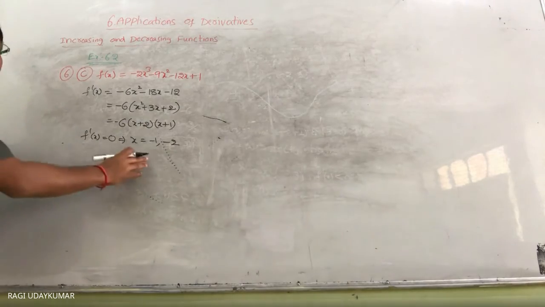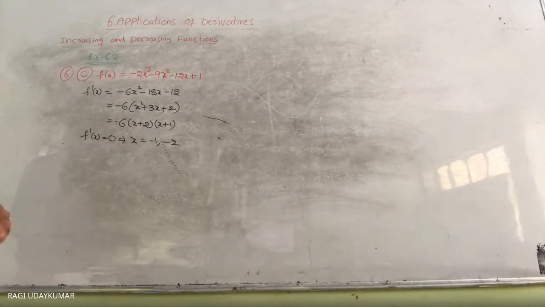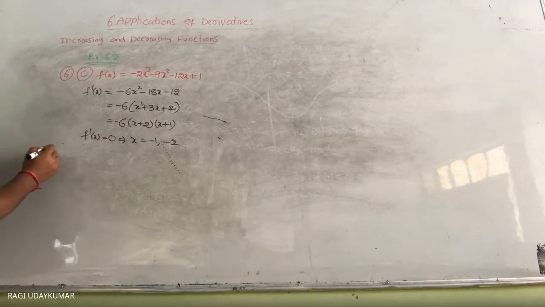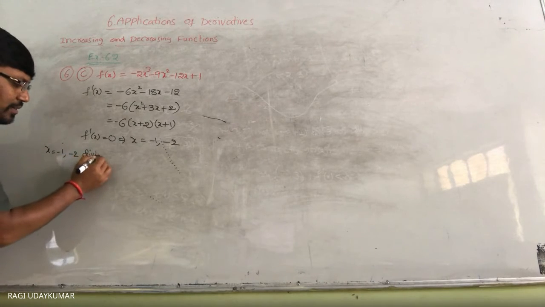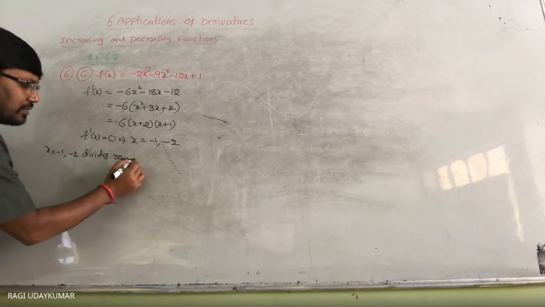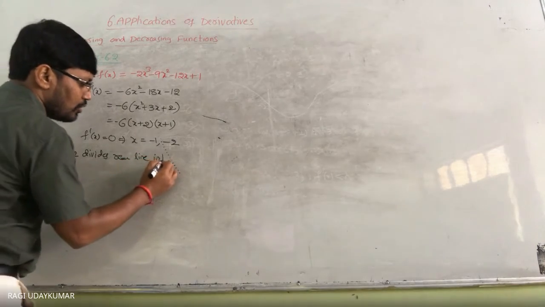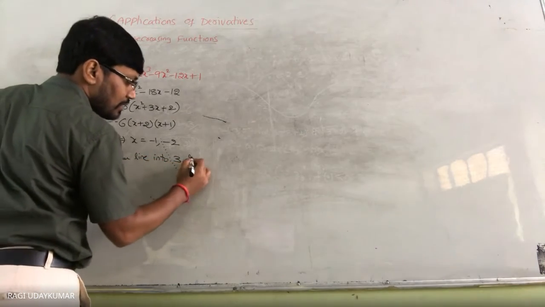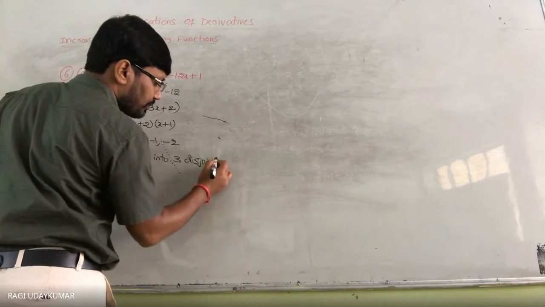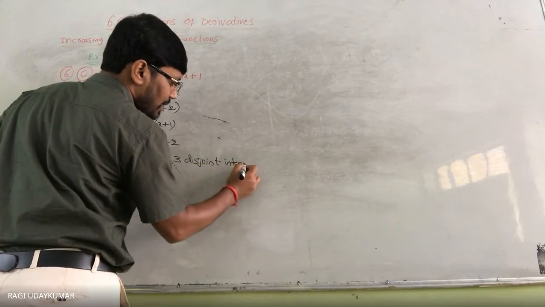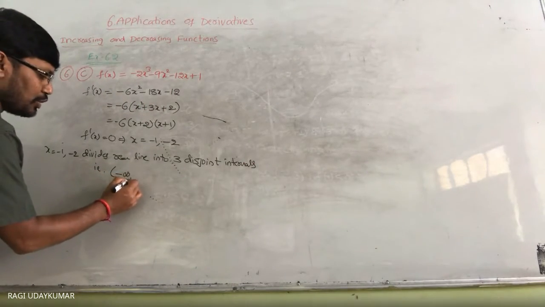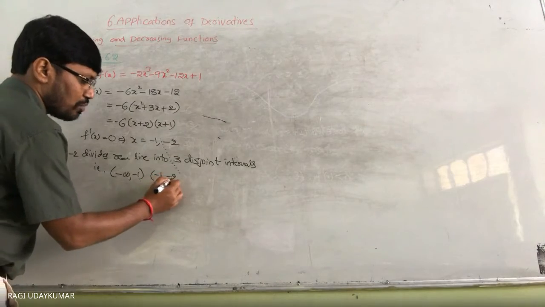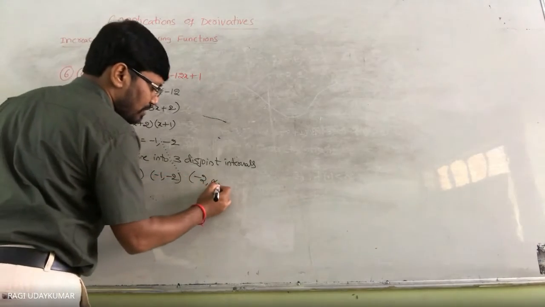The points minus 1 and minus 2 will divide the real line into three disjoint intervals. And what are those intervals? They are minus infinity to minus 2, minus 2 to minus 1, and minus 1 to infinity.